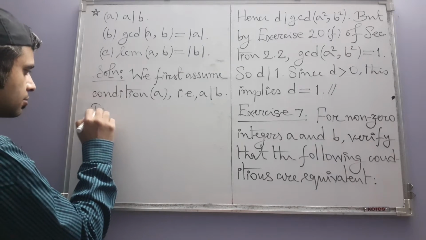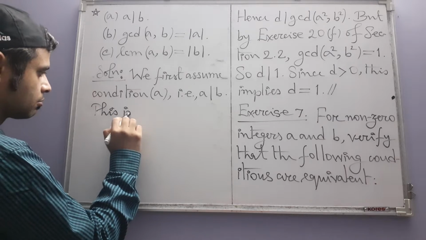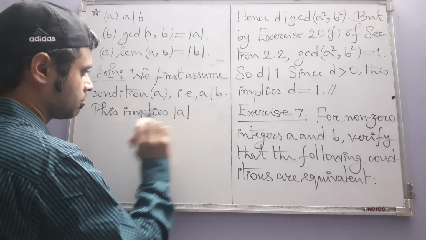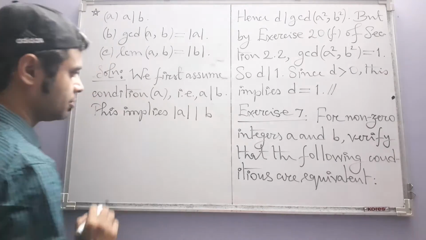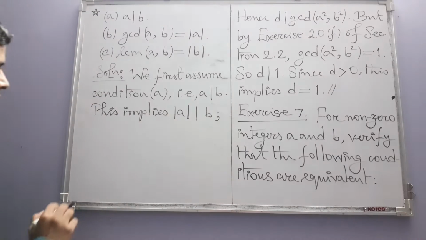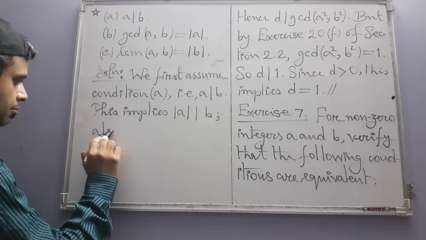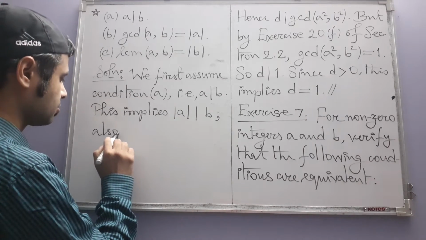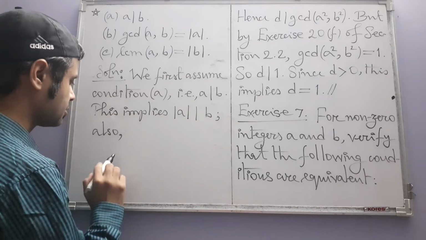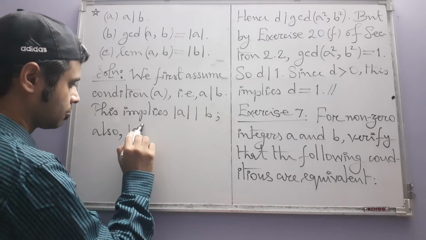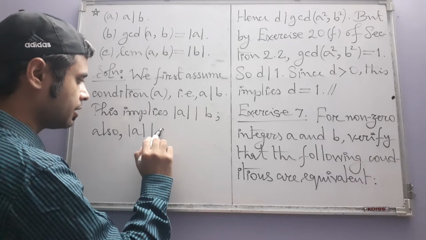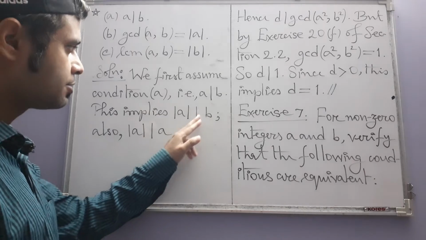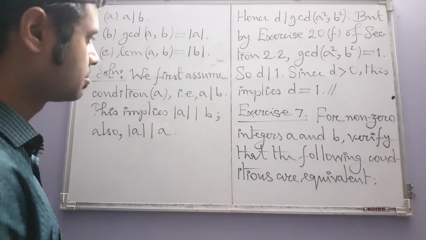This implies the absolute value of A also divides B, and also at the same time, although not related, but we will need to consider these two things together, so I am writing also, after putting a semicolon, that the absolute value of A divides A. Okay, let us now see how this one is following from this.